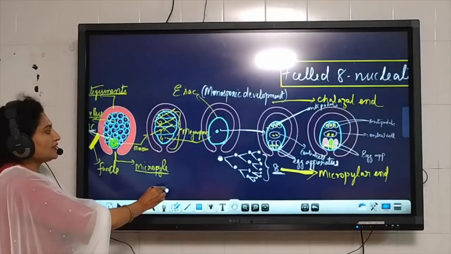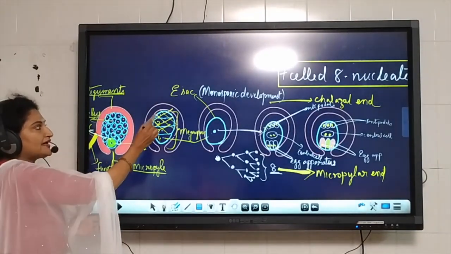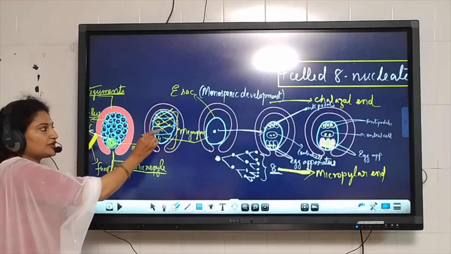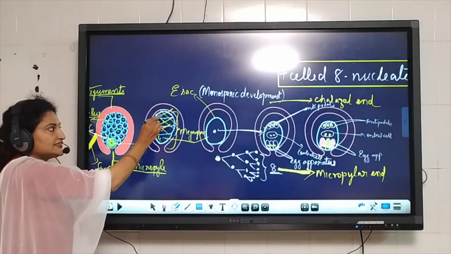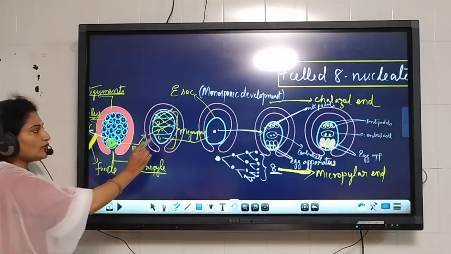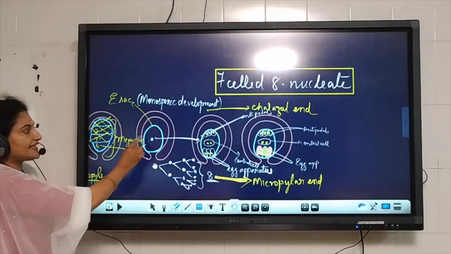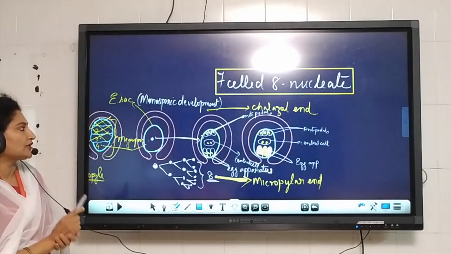Next, the megaspore mother cell undergoes meiosis to form the 4 megaspores, and they are arranged in a linear fashion, 1, 2, 3, 4. Of these 4 megaspores, 3 degenerate. The first, second, and third degenerate, and only the 4th megaspore becomes a functional embryo sac. So we have in the next diagram, an ovule with an embryo sac comprising 1 nucleus.